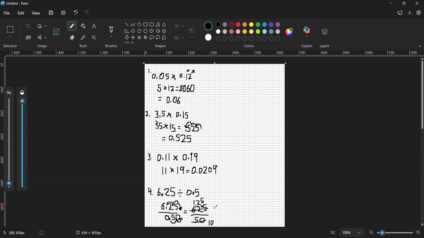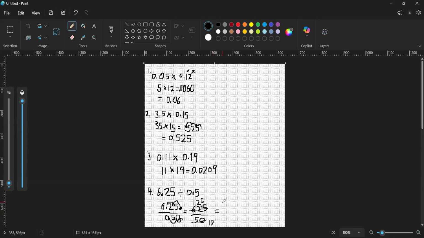Now, if we remember that anytime you divide a number by 10 or a power of 10, there's a decimal jump towards the left-hand side once, because there's only 1 zero in 10. Did you get that?